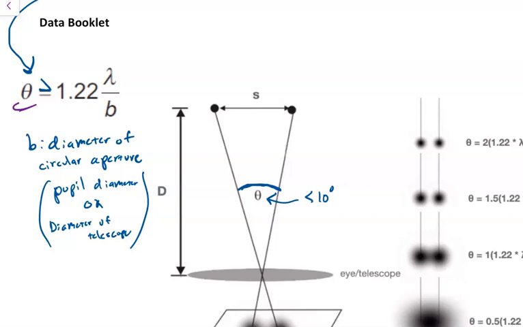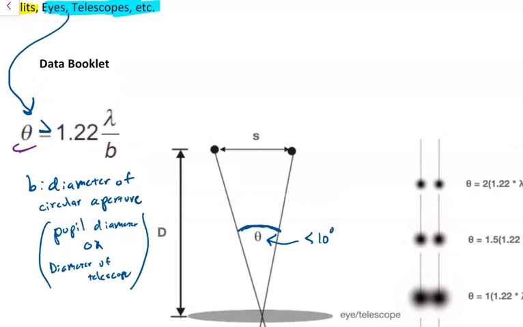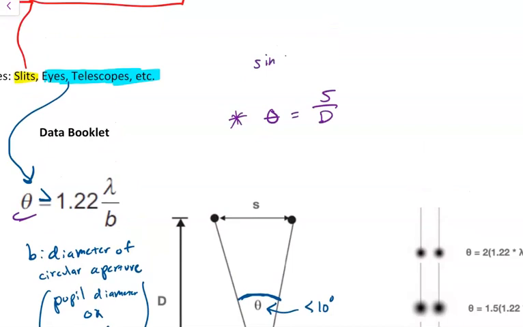But because of how close the hypotenuse and one of the sides are to each other, because they're both traveling to your eye, we can make some other approximations such that this theta is equal to, by approximation, S over D. Right? We can say sine of theta is equal to S over D, but because of small angle approximations, theta is equal to S over D. So actually, sine of theta is equal to S over D technically, but because of small angle approximations, we're okay to see it like this.